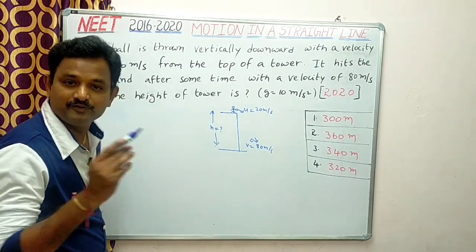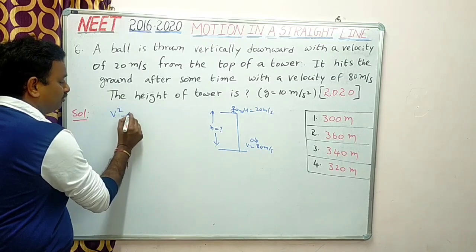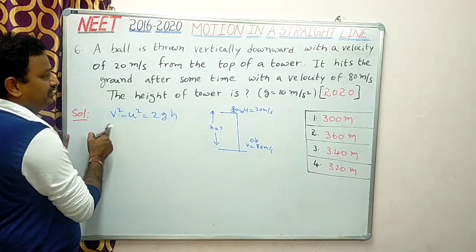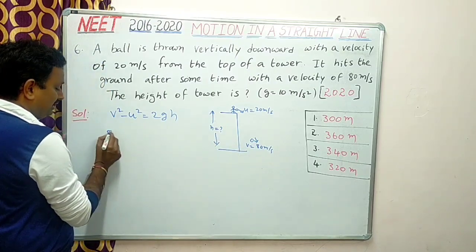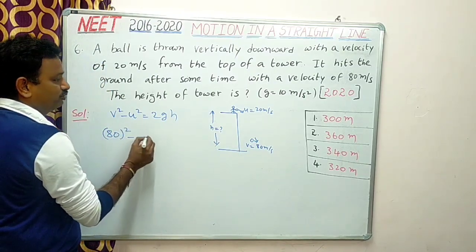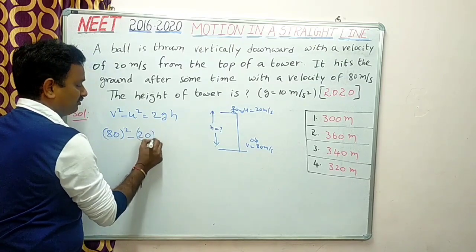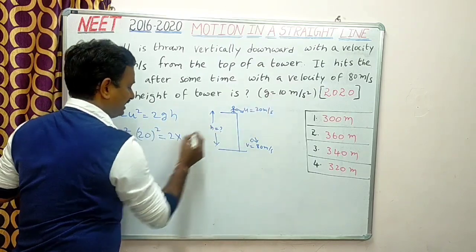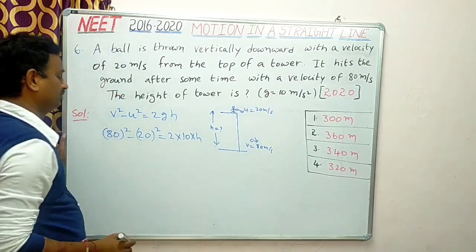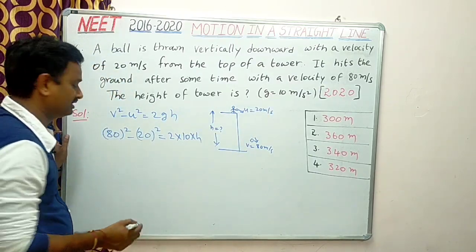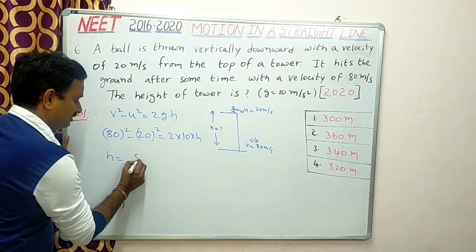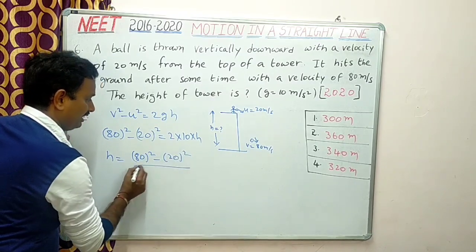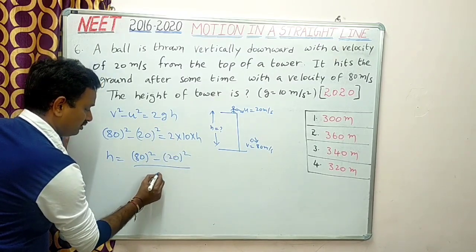I will take v square minus u square equal to 2gh. Okay, v square, that means 80 whole square, minus u square, 20 whole square, is equal to 2 into g, given 10, into h. Okay, from this I need to calculate h. So h equals 80 square minus 20 square by 2 into 10, means 20.